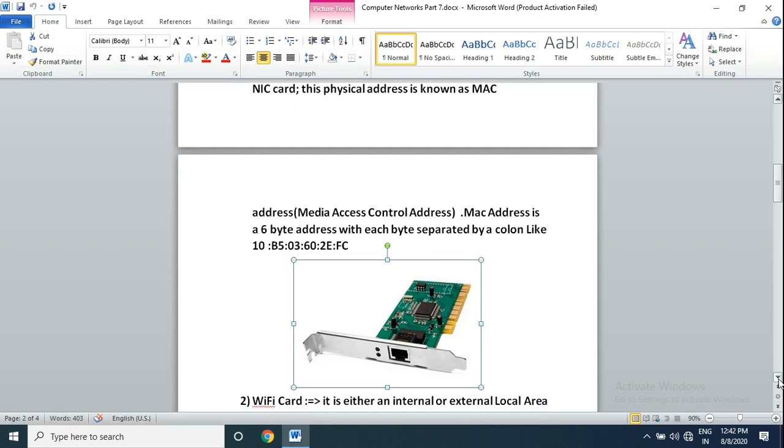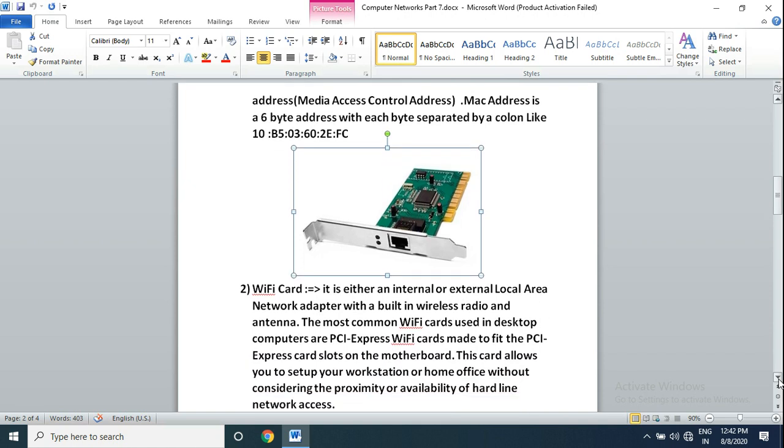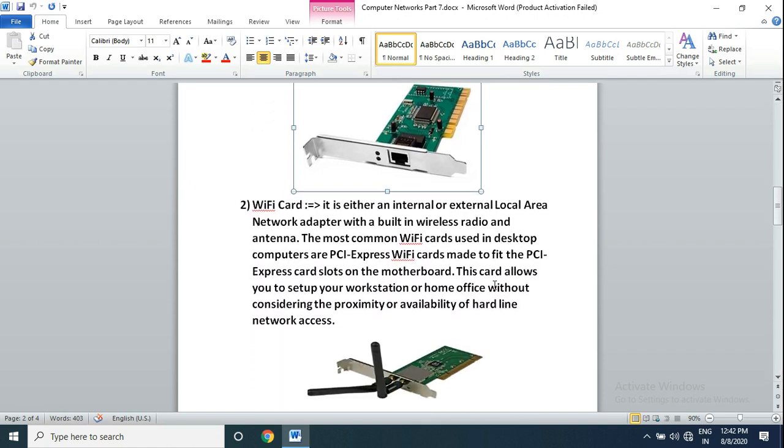Our second network device is the Wi-Fi card. It is either an internal or external local area network adapter with a built-in wireless radio and antenna. The most common Wi-Fi cards used in desktop computers are PCI Express Wi-Fi cards, made to fit the PCI Express card slot on the motherboard.